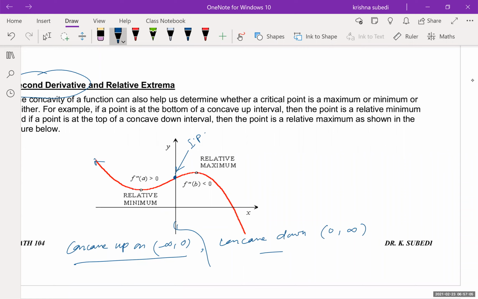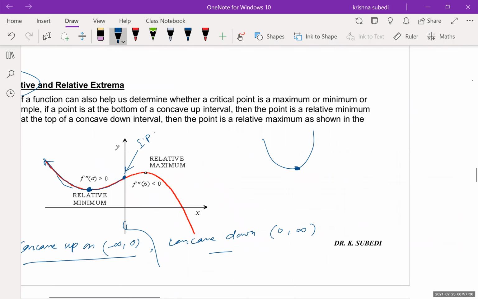Now tell me, if the graph is concave up on that interval, whether we have a relative minimum or relative maximum. Clearly a relative minimum, because the graph has this kind of shape. So on this interval, we always have a minimum value.